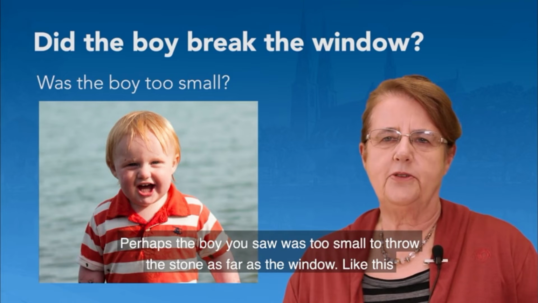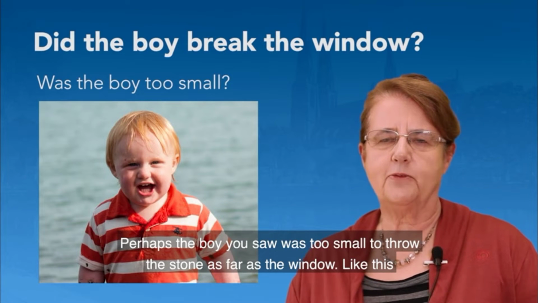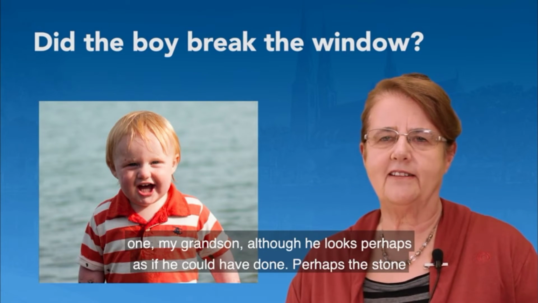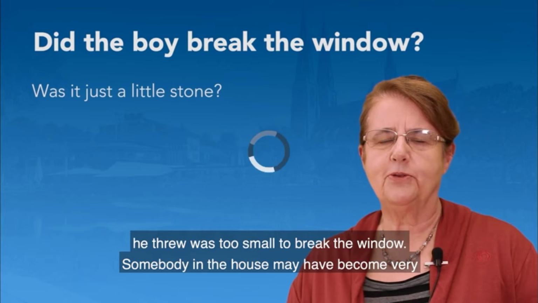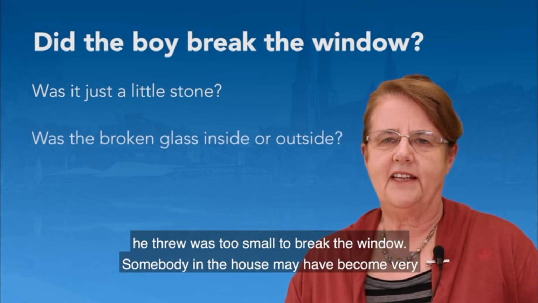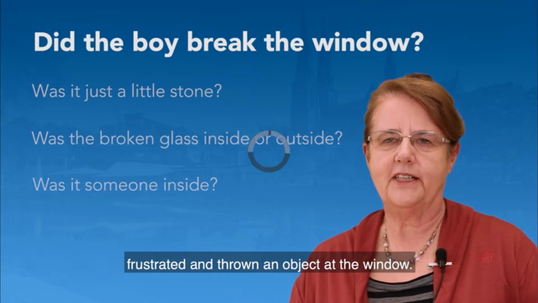Perhaps the boy you saw was too small to throw the stone as far as the window, like this one, my grandson, although he looks perhaps as if he could have done. Perhaps the stone he threw was too small to break the window. Somebody in the house may have become very frustrated and thrown an object at the window.